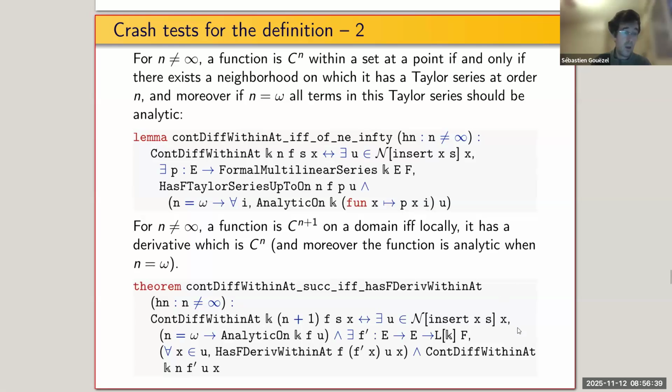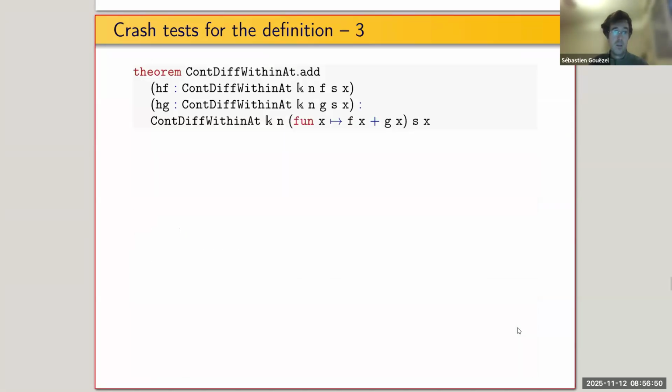So all these ones are pretty straightforward. Well, not always straightforward, but at least they're true with our definition above. Another crash test for the definition is that the addition of two Cn functions is Cn, and that's fine.